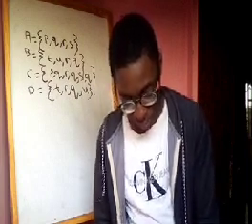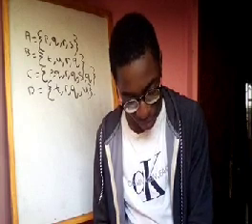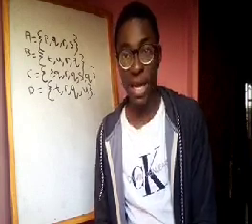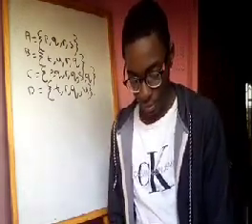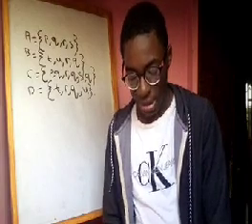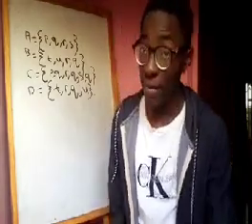Number 2, the number of A is equal to the number of B. So that's the cardinality of A equal to the cardinality of B. Is it true? Cardinality is basically the number of elements in a set.